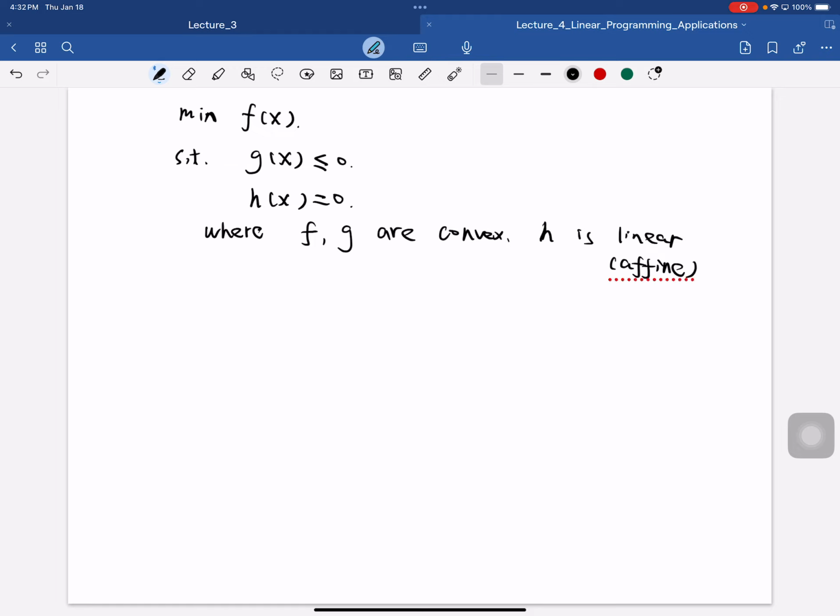Right? So this is the most generic form of convex optimization problem, and it's polynomially solvable. Right? And there are some special cases of this convex optimization problem.